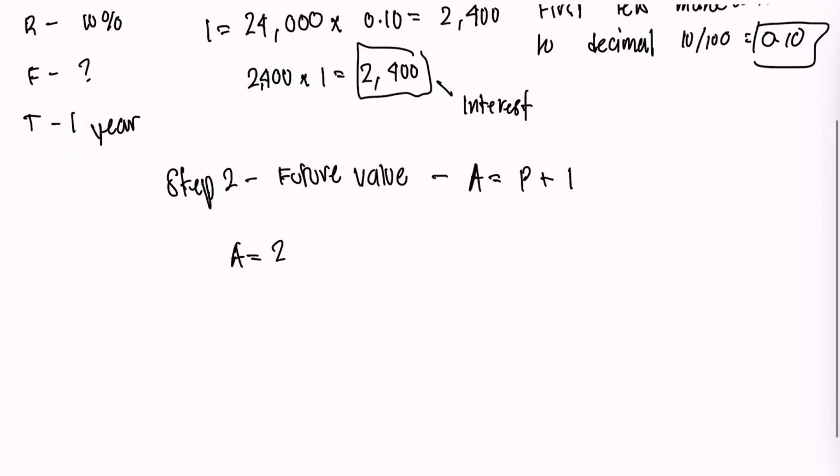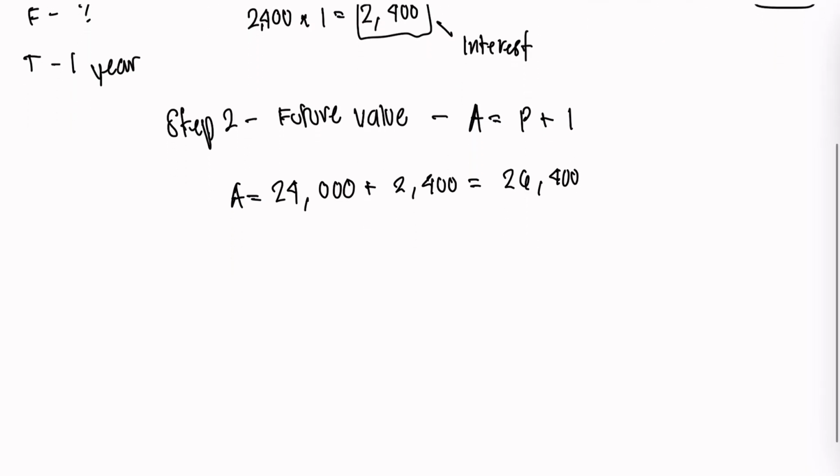A is equal to P, which is 24,000, plus our I, which is 2,400, is equal to 26,400. So we're done finding the future value.